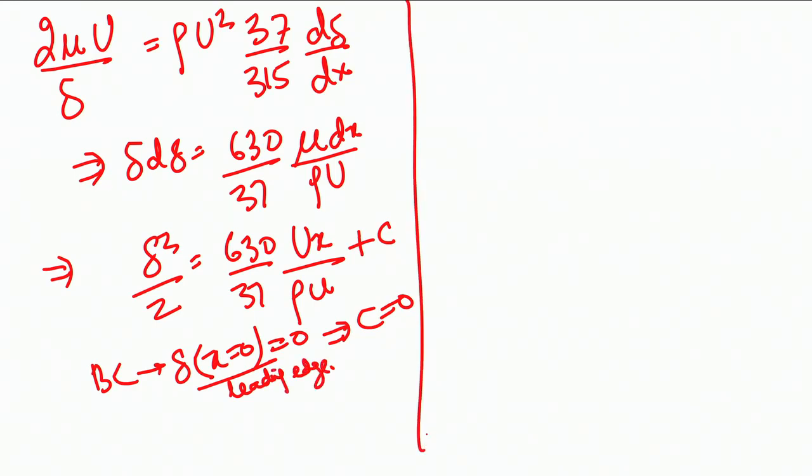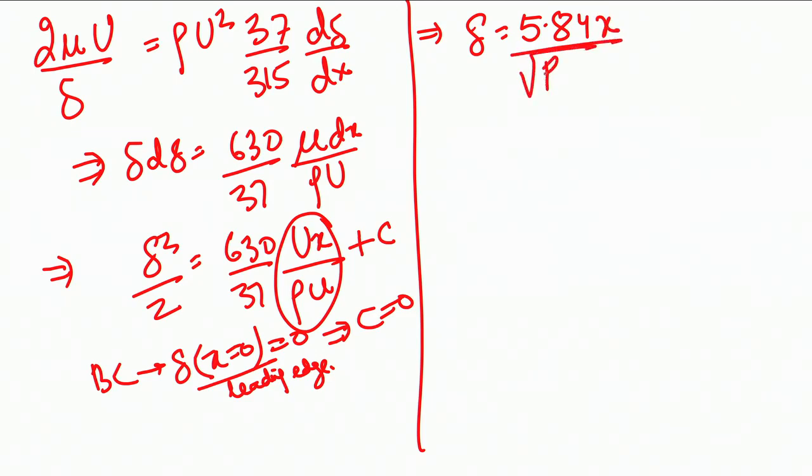All right, so if you put it in terms of Reynolds number, this is going to give you delta is equal to 5.84 x by under root Re x. All right, so this is how you get delta.